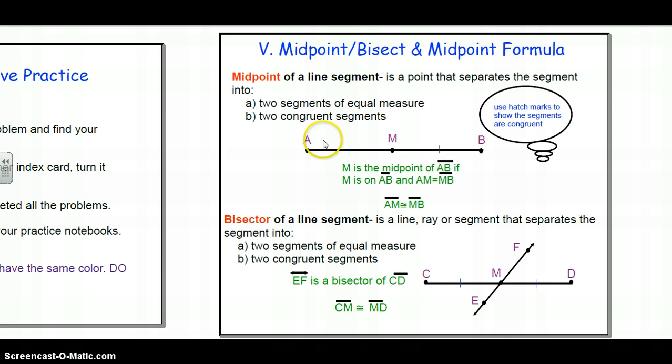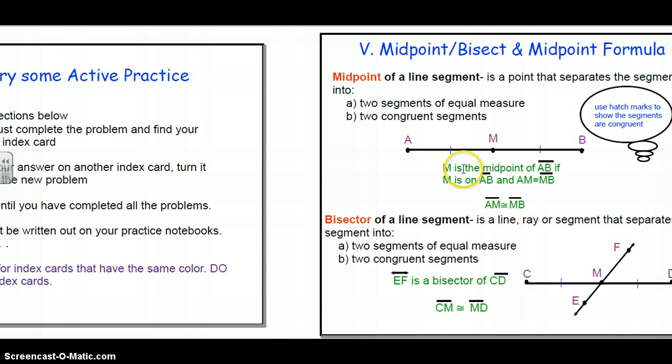They mean AM and MB are congruent, or remember, like we said earlier, they have the same length. So if M is the midpoint of line AB, and M is on AB, and AM is equal to MB, then AM is congruent to MB.